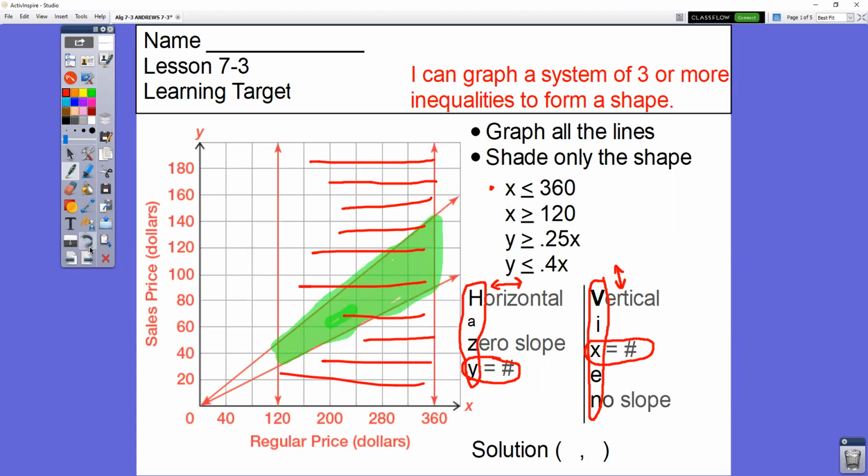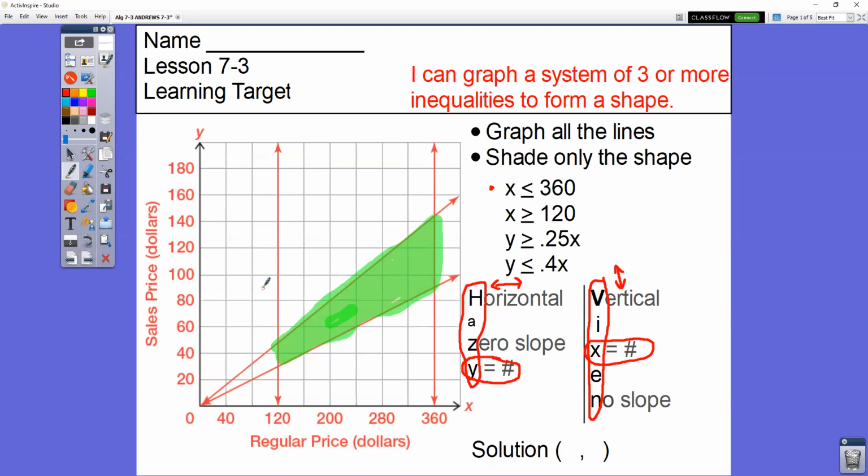I would not use either of those two strategies today. What I would do is put little tiny lines like this so you can keep track of where you are shading. I would just shade it like that.